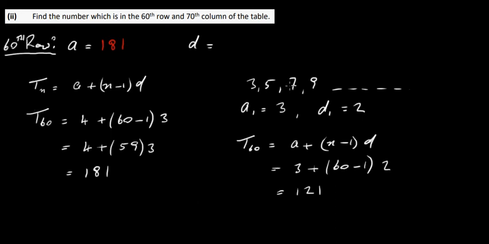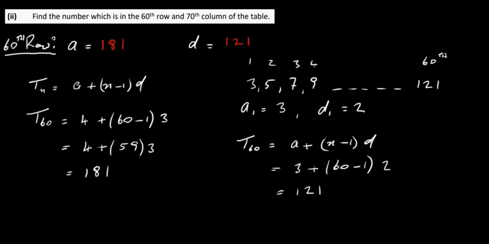So in other words, the difference in the 60th row is 121. This is the difference in the first, the second, the third, the fourth row, the difference in the 60th row is 121. So I now know the difference in the 60th row. I have my first term and the common difference for the 60th row.